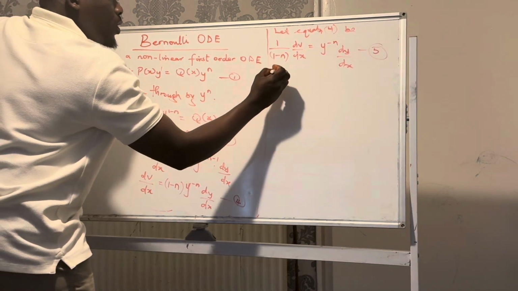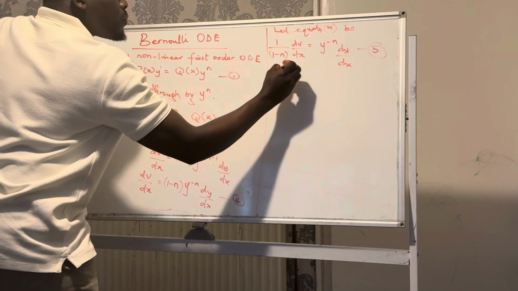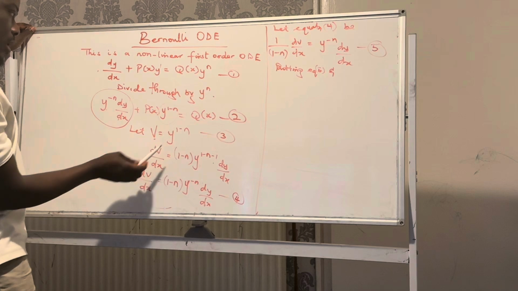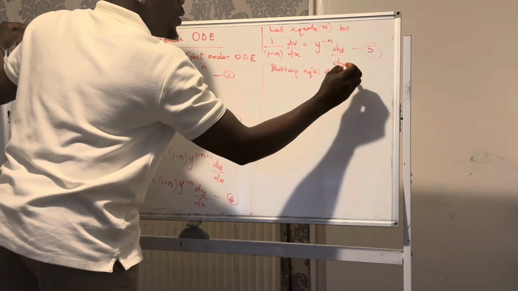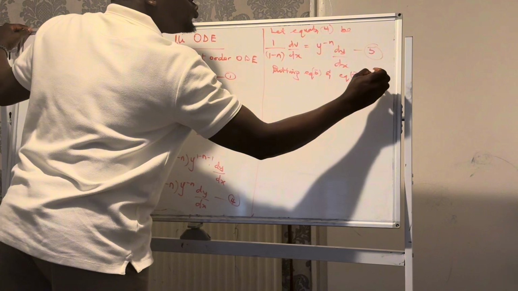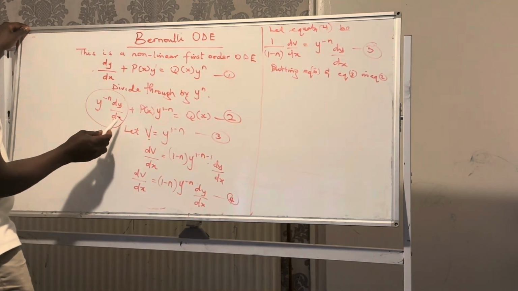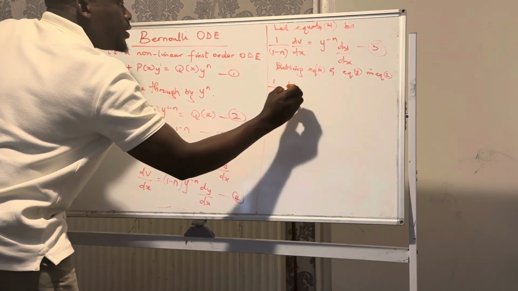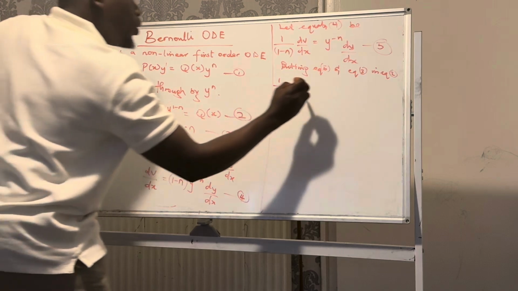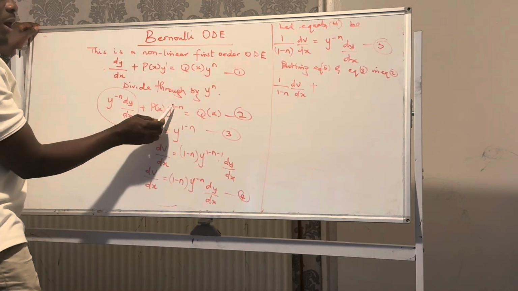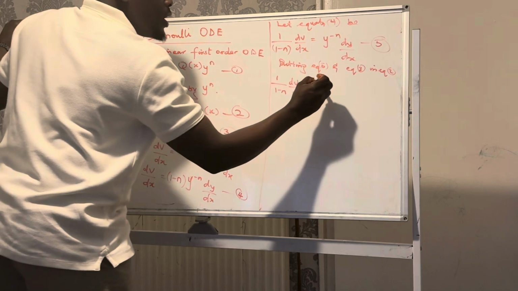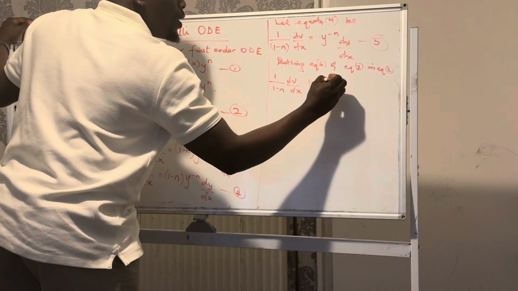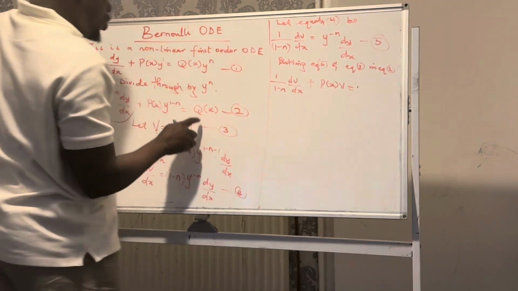So putting equation 5 and equation 3 in equation 2, we are going to have 1 over (1 minus n) dv/dx plus, instead of writing y raised to power 1 minus n, we can write it as v. So we have p of x times v to be equal to q of x.